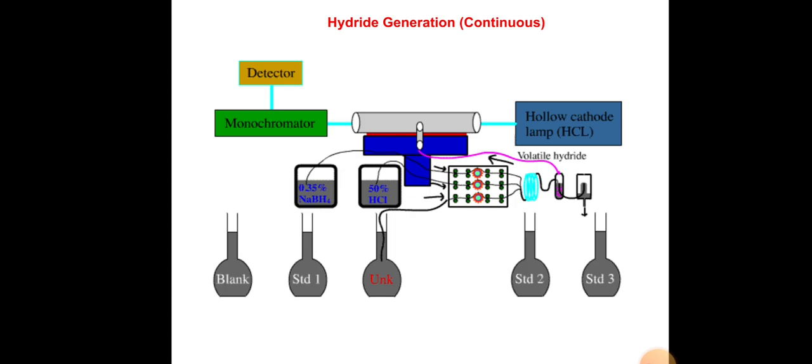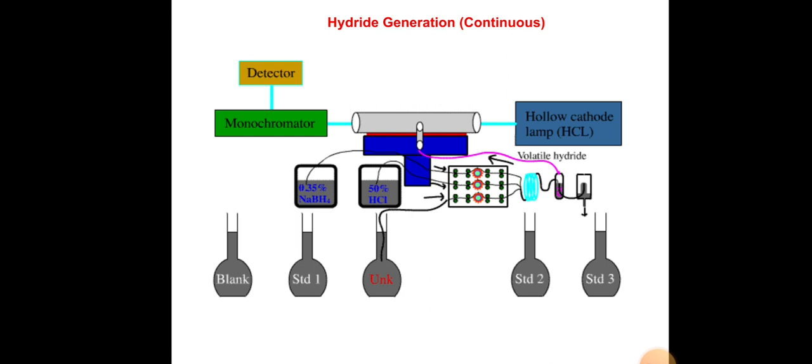In this picture, you can see another type of hydride generation technique that is called the continuous method. In this method, we also have sodium borohydride, acidic solution and sample, but the mixing of the solutions is done by the help of peristaltic pumps.